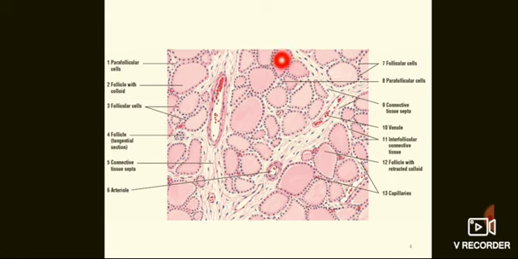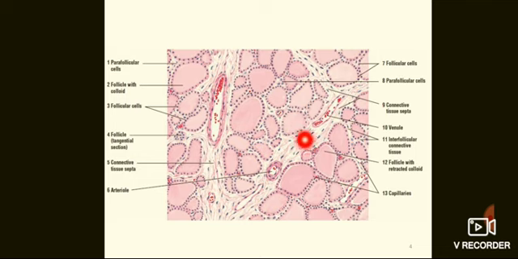Each lobule is composed of many spherical masses known as thyroid follicles, and the thyroid follicle is lined by simple cuboidal epithelium resting on basal lamina, and its lumen contains a homogeneous eosinophilic material that is known as colloid, which is composed of thyroglobulin. Here the thyroid hormones are stored in inactive state.